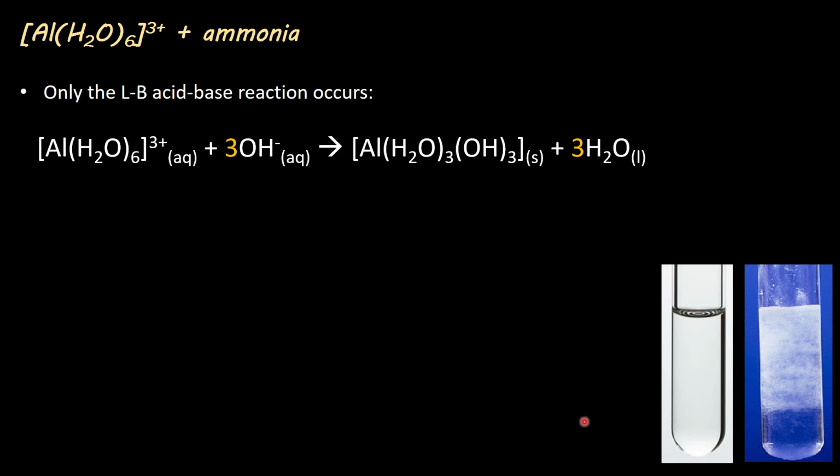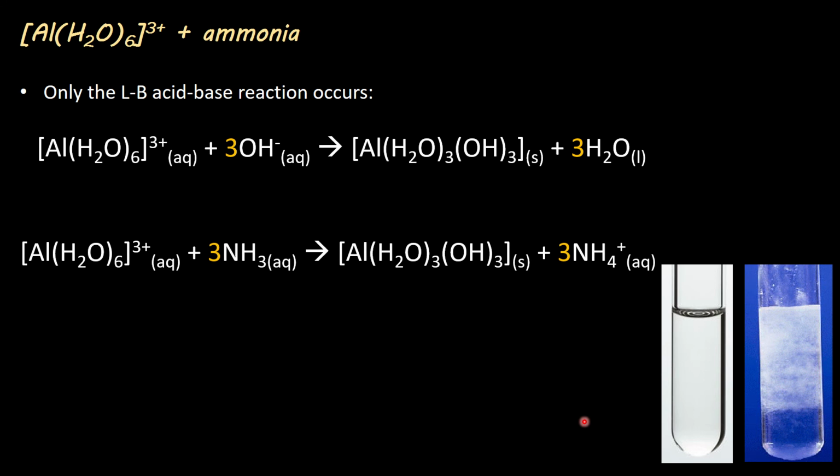We saw that one a minute ago, but also we could write it like that. We'd never write NH3 if we were adding NaOH, because there isn't any ammonia in sodium hydroxide. But if the alkaline solution in question is ammonia solution, then while it might form some deep blue complex with copper 2+, it doesn't with any of the others that we study. So you've just got the same acid-base reaction happening there.